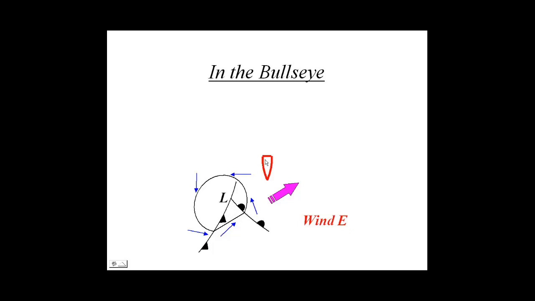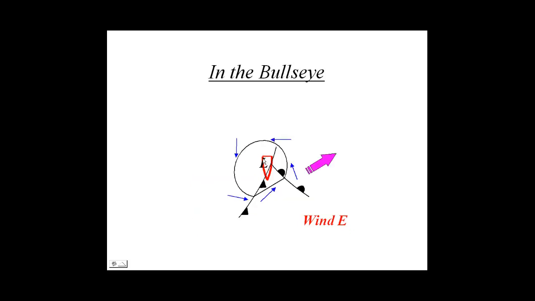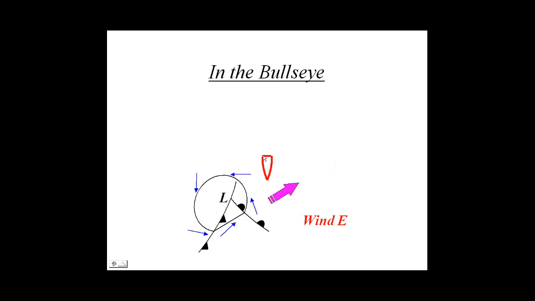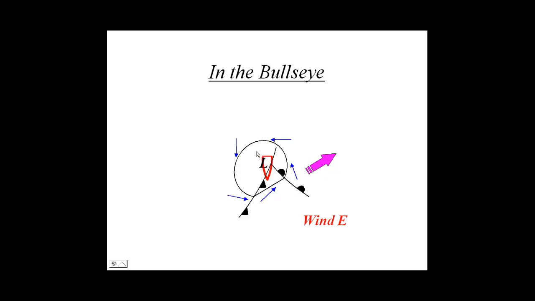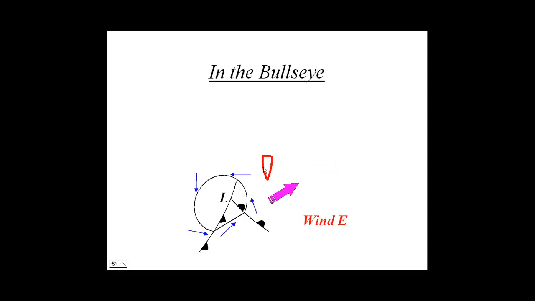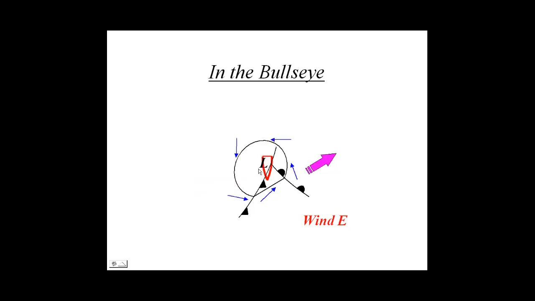Let's say it's 1004. And as the system gets here, you may be 1,000. So the pressure has reduced on this path from here to here, but the wind direction has remained fairly constant.